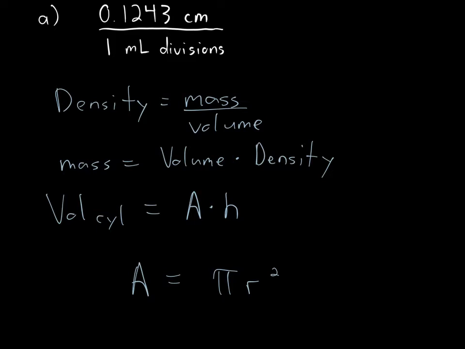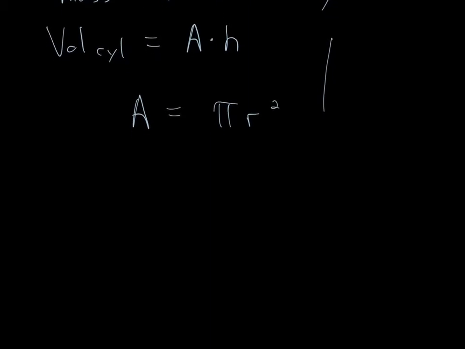Okay, so now that we have that information, we need to actually solve for the area of our cylinder, since it's hollowed out. So I am going to draw out the overhead view of a cylinder.